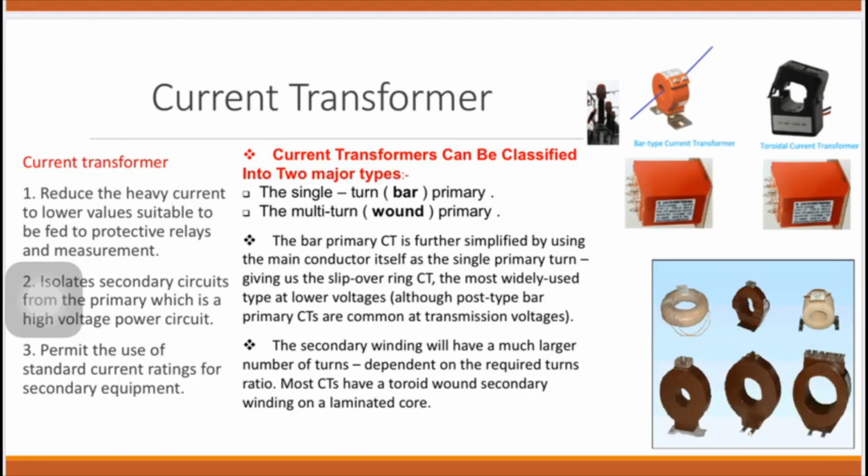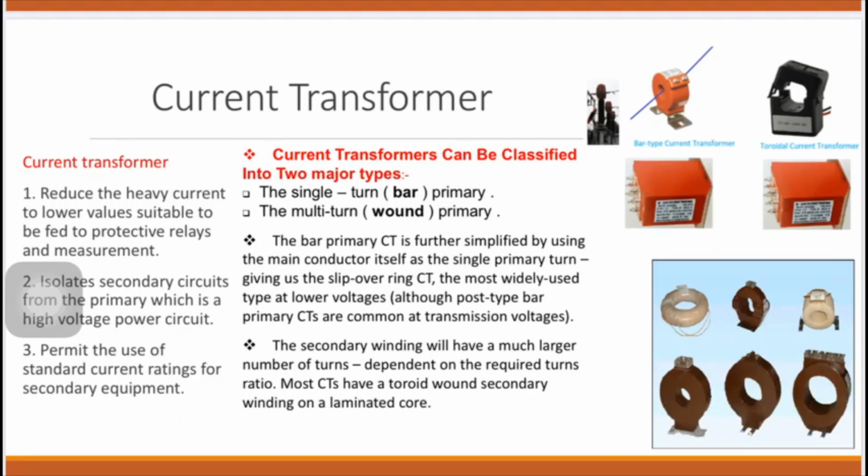Here there are mainly two types of current transformer. One is the single turn bar type primary transformer. Another one is the multi-turn wound primary transformer. Here there are two transformers I have shown in the figure.